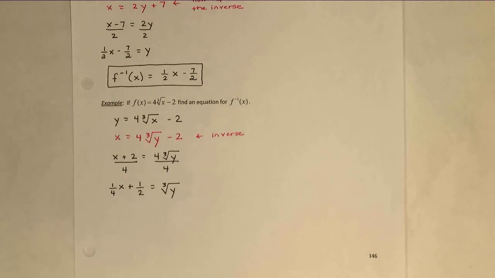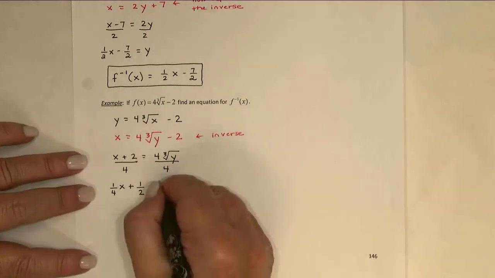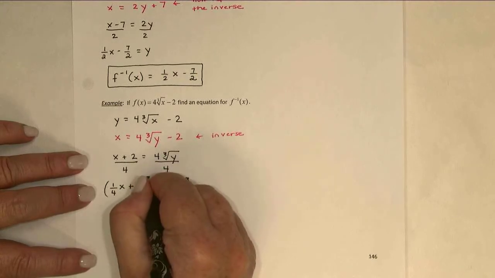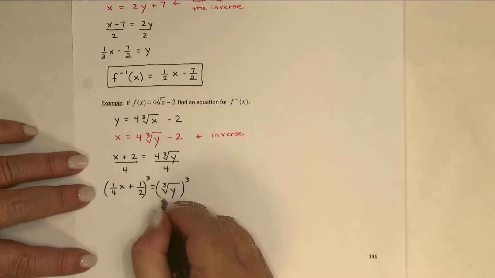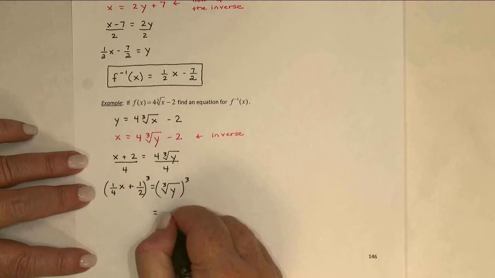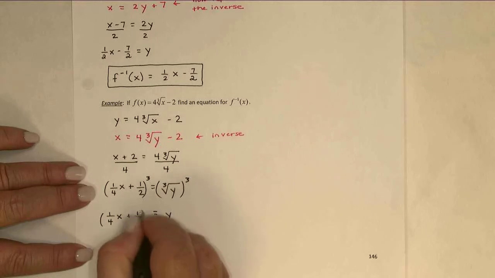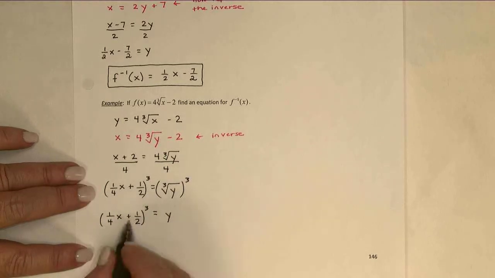And then finally, to get y by itself, I would have to cube both sides. So cubing the cubed root just leaves me y on this side. And I'm going to have to leave this one the way it is. Remember, I can't apply the exponent over a sum.